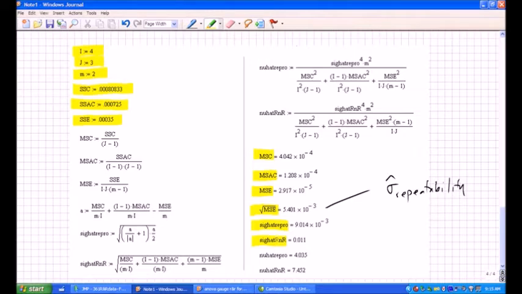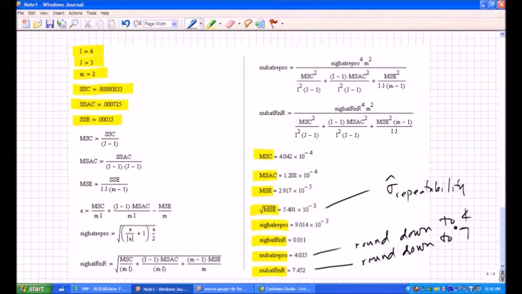In addition to those estimates, I've also computed the Satterthwaite approximate degrees of freedom for reproducibility and R&R, and in keeping with the practice that I've started with you in these Satterthwaite calculations, I would take the first and round down to 4, and I would take the second and round down to 7.